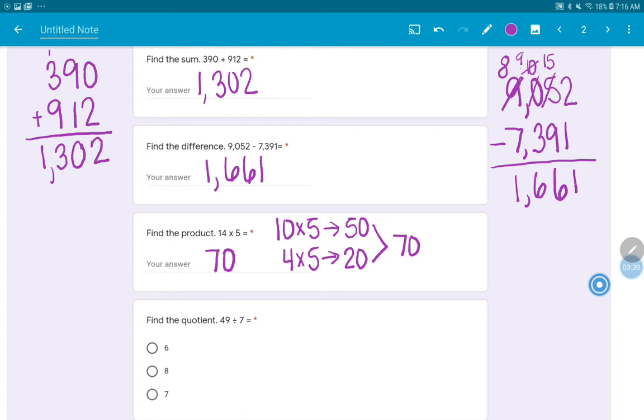Next, I need to find the quotient of 49 divided by 7. So if I make that into a multiplication sentence, I'm looking for 7 times what number equals 49. And I know that 7 times 7 is 49. So the quotient for 49 divided by 7 is 7.